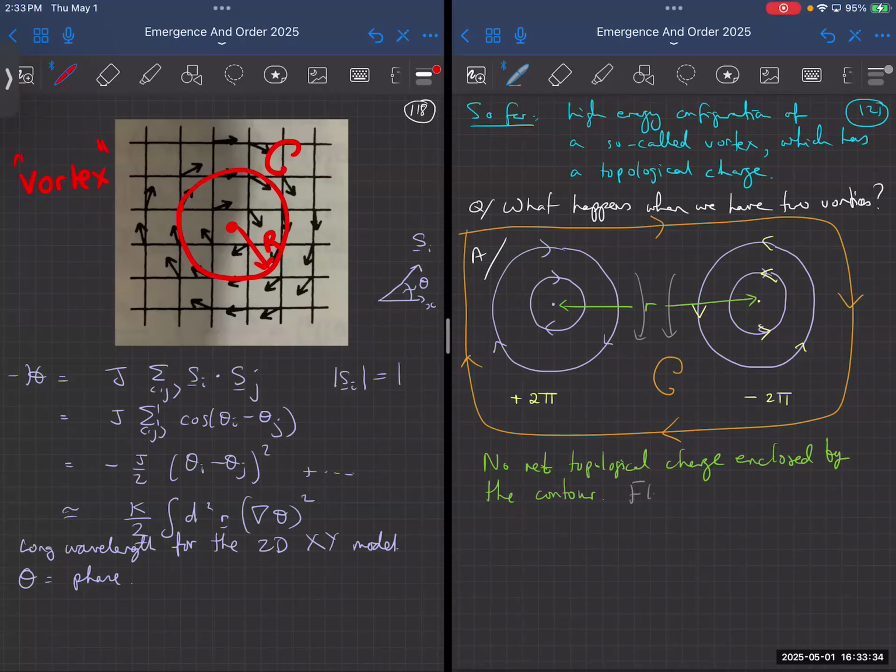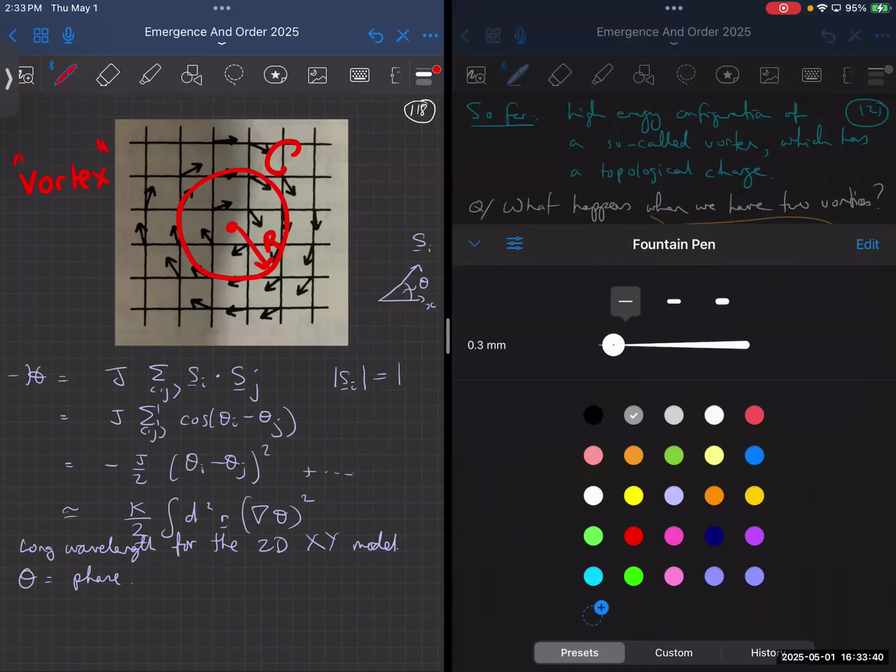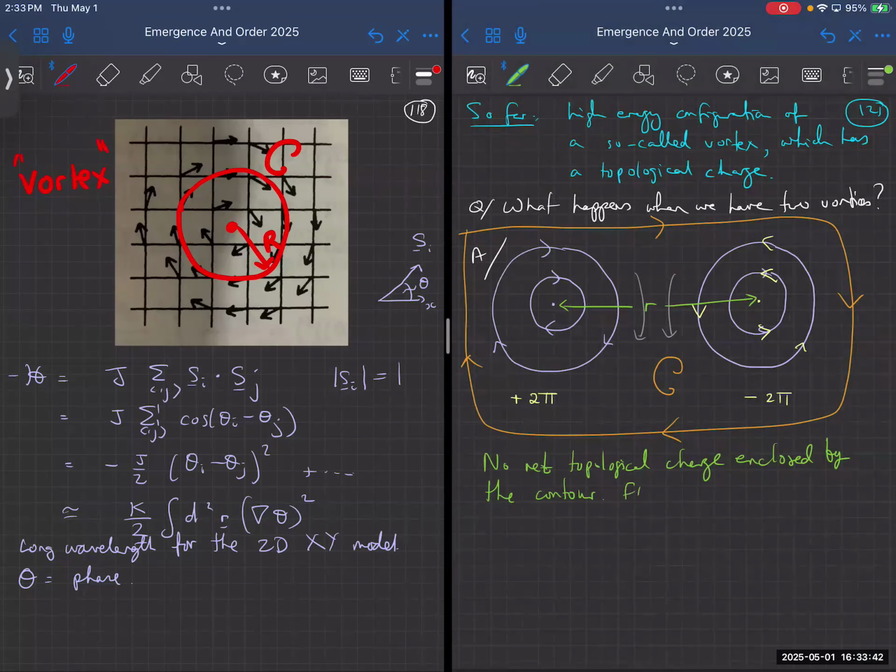So the flow field far away from the vortices cancels out, and so there's no net flow.